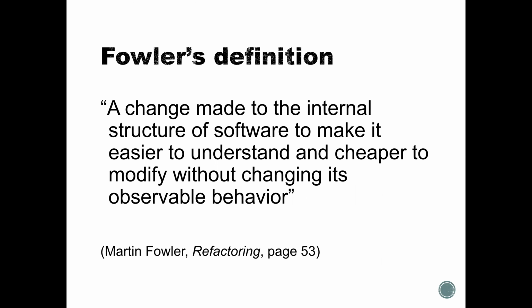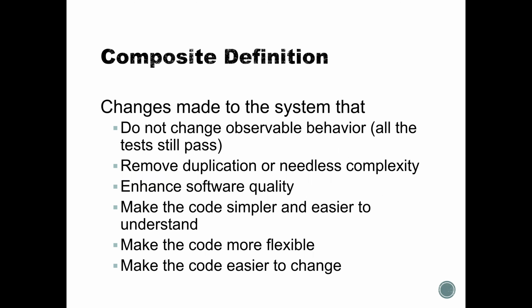Similarly, we have another definition from Martin Fowler, which says: a change made to the internal structure of software to make it easier to understand and cheaper to modify without changing its observable behavior. However, the composite definition of refactoring is we are interested in making some changes to the system.